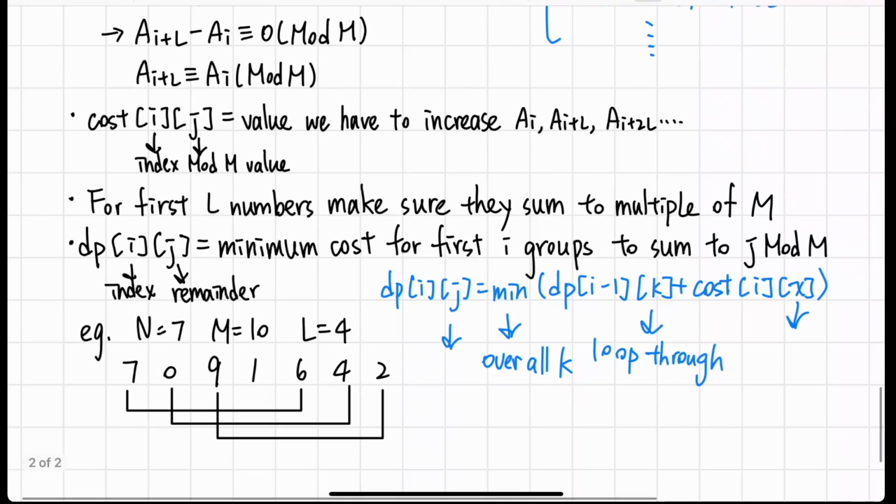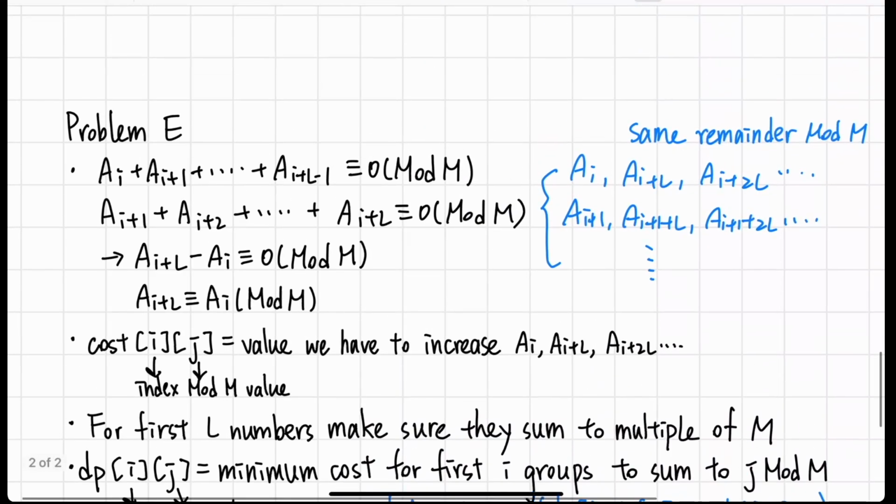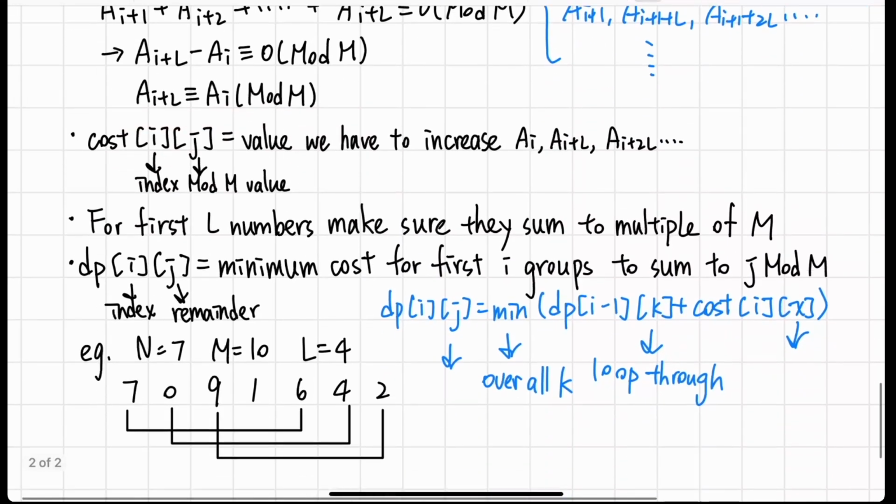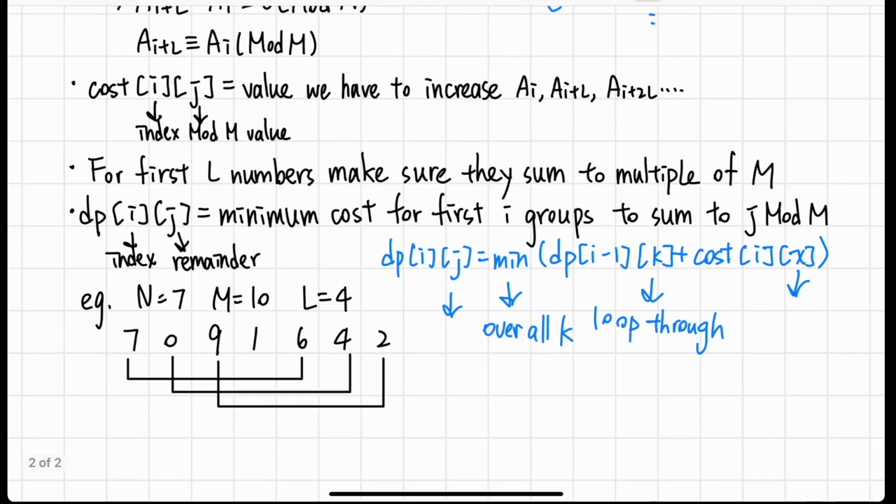And this part explains what I mean by different groups. If we look at this example, the first number will be in the same group as the fifth number because L is 4 and this is a period.